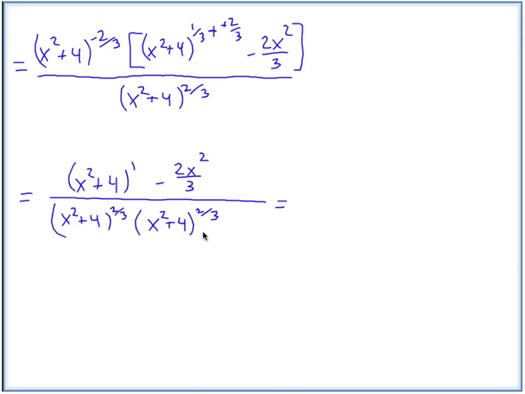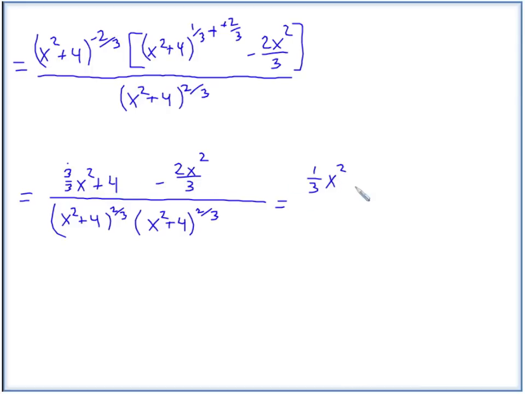Okay. And since it's to the first power, I guess we don't even really need these parentheses here. And now let's add our x squareds together. So we have 1x squared, or we can think of this as 3/3 x squared minus 2/3 x squared, leaves us with 1/3 x squared.